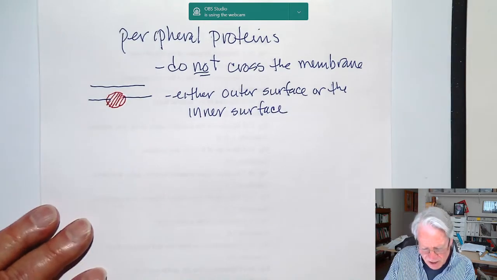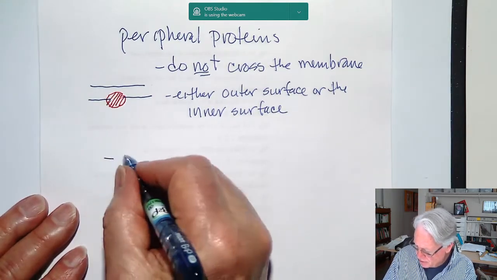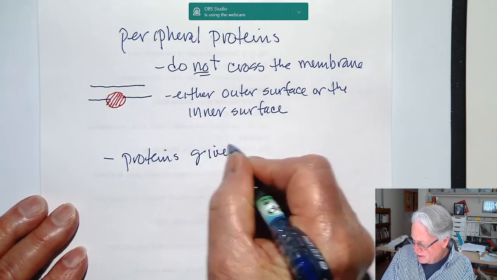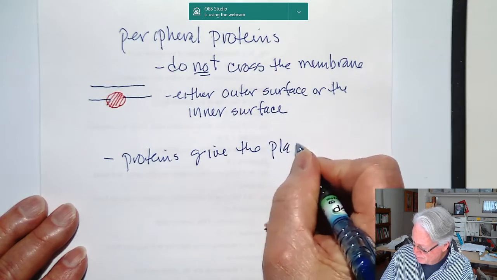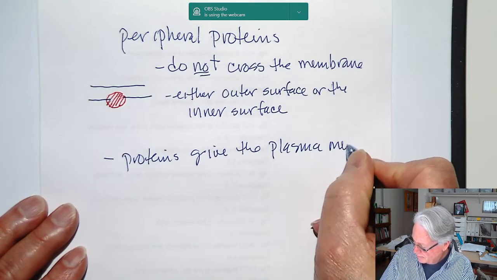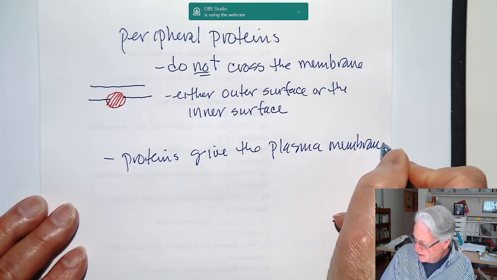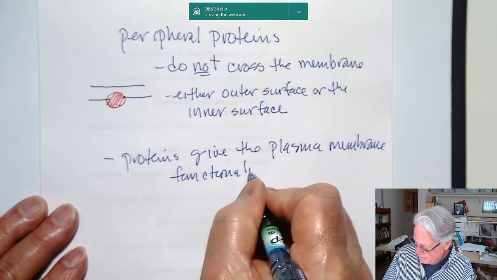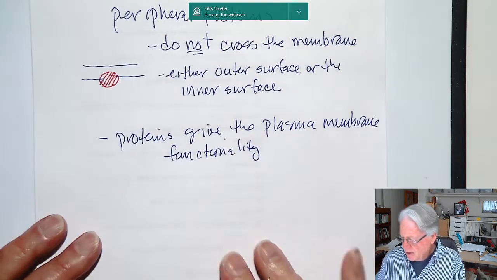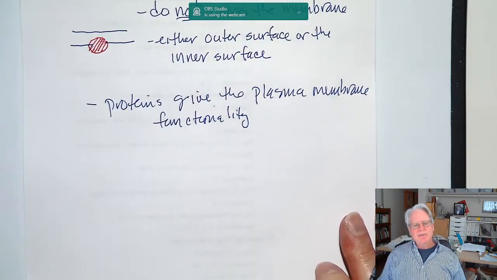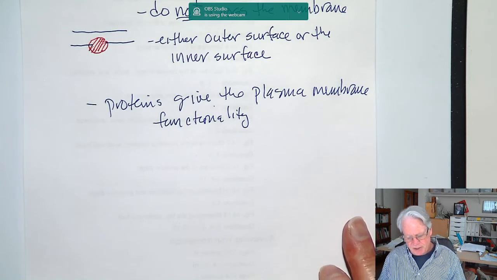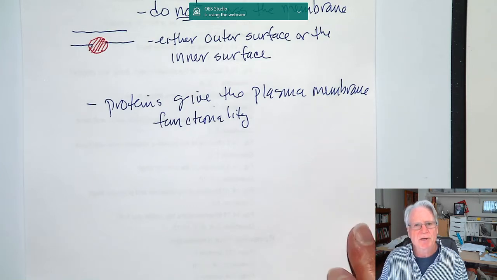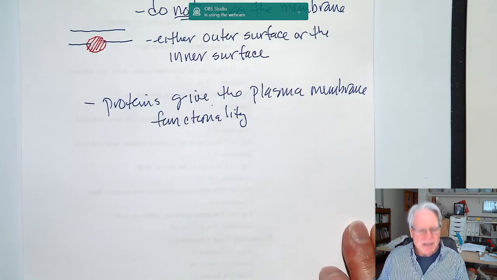Okay. All right, so the proteins give the plasma membrane functionality. So many of the things that we expect and find the cell membrane doing for the cell is the result of the proteins and the kinds of proteins that are embedded in that membrane.